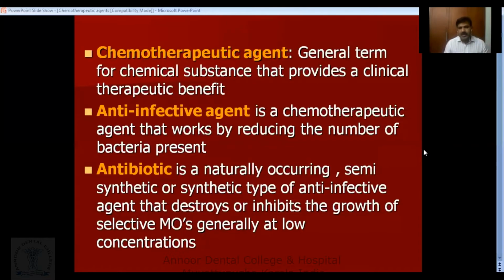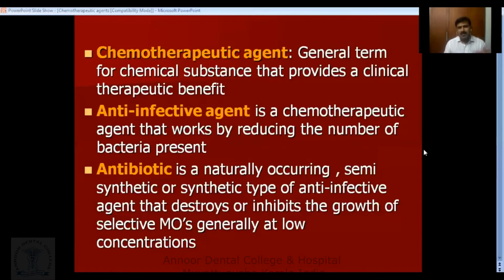Anti-infective agents act by reducing the number of microbes or bacteria that are present there. And antibiotics destroy or inhibit the growth of selective microorganisms at low concentrations.